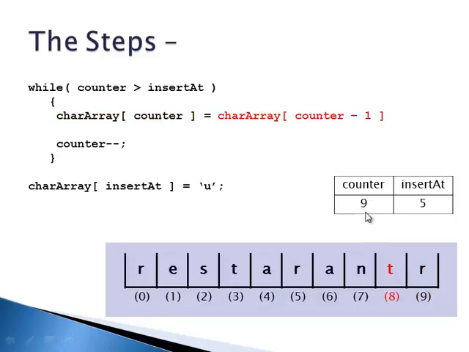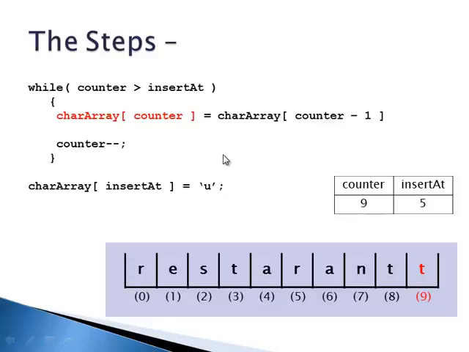We're going to take it from counter minus 1, which is essentially 1 down, and assign it into the element at counter, index 9. Right now it has an R in it, but once the assignment happens, we have copied what is at counter minus 1 into what is now at counter.